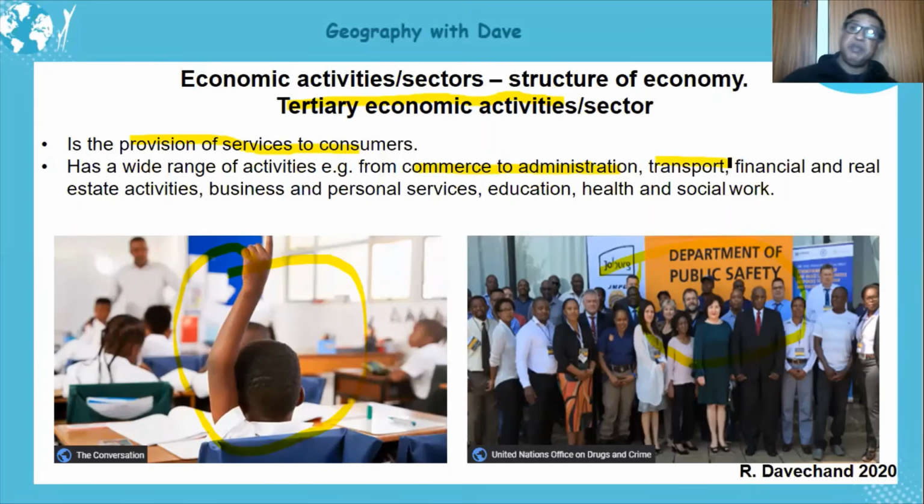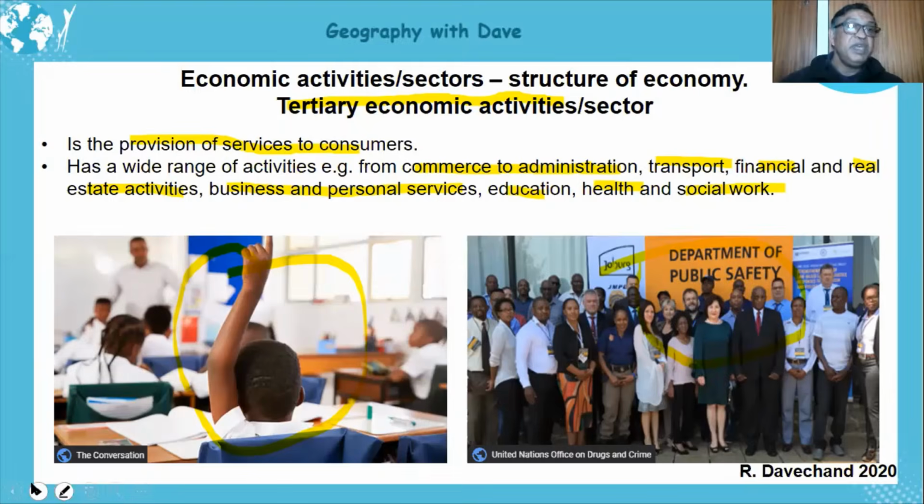The construction may be building, but then roads offer a service to people moving around. Financial, you understand, your banks, etc., real estate, your activities, your selling of houses, personal services, businesses, education, health, like hospitals, etc., social workers. So there's various, eh?